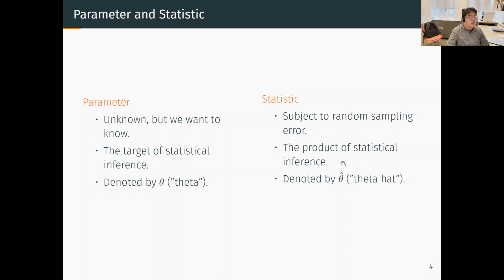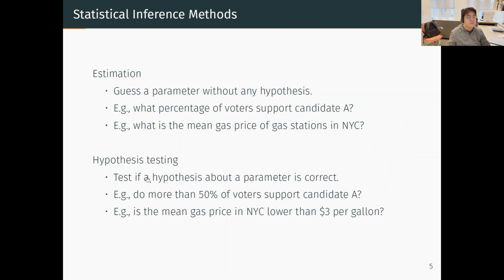The calculated result is denoted as theta hat. The true expected salary is theta. Okay, right. So let me then think more about the detailed inference methods. There are two main inference methods. One is estimation, and the other is hypothesis testing.